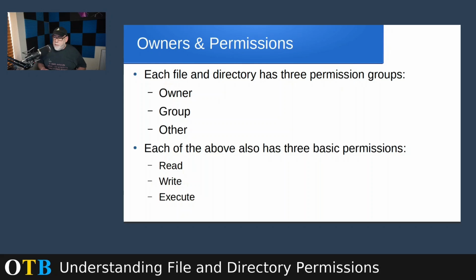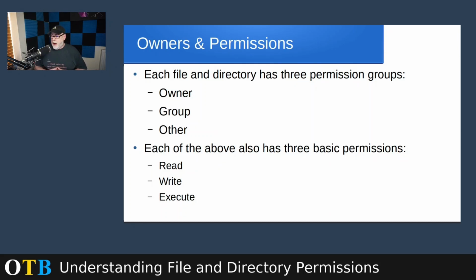It's important to remember when we're talking about file and directory permissions, there are 3 core permission groups on a Linux system. Now, we've touched on the owner of a file because we've talked about users, and every file or directory will have an owner, and that owner is usually a user.